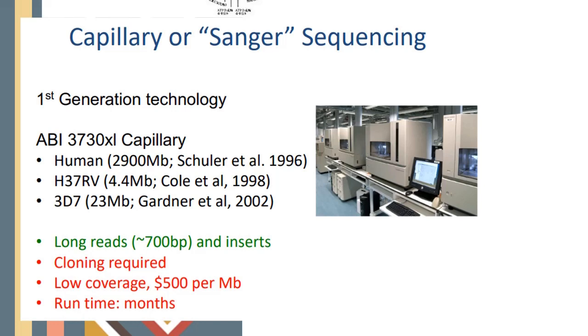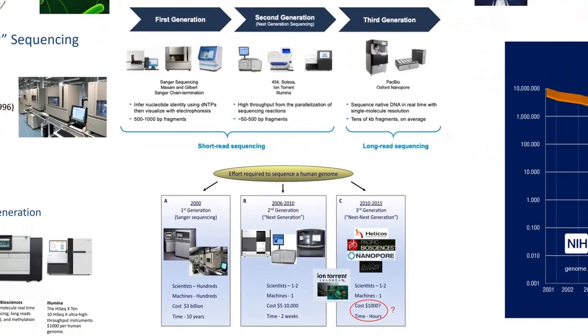It also has low coverage of $500 per megabase, or roughly about $500 per 6,000 to 7,000 single text messages. The runtime takes months to generate, and it has low accuracy. However, these disadvantages of the Sanger method inspired advancements to several new technologies.